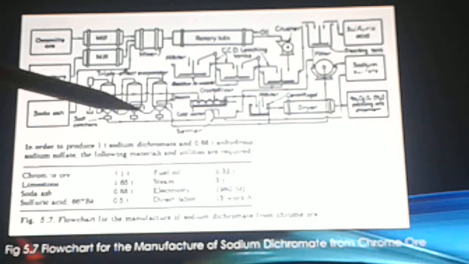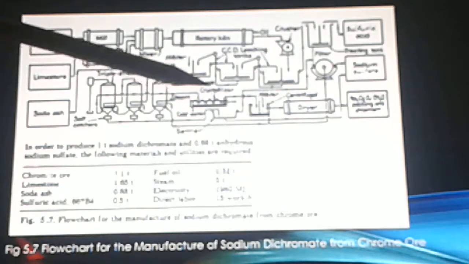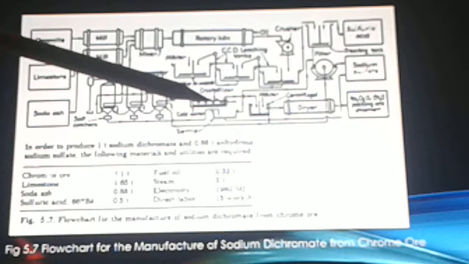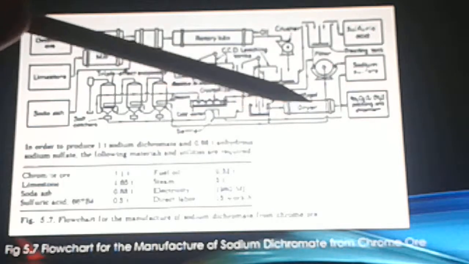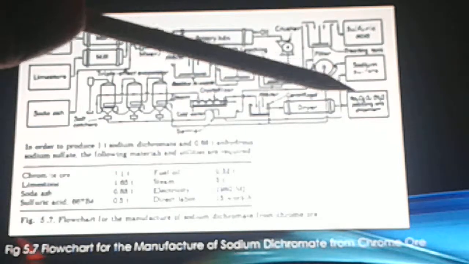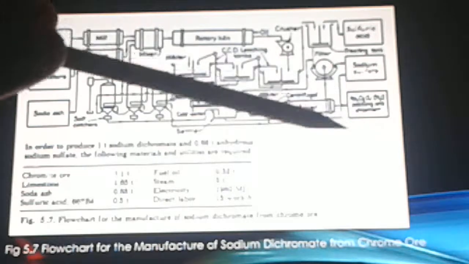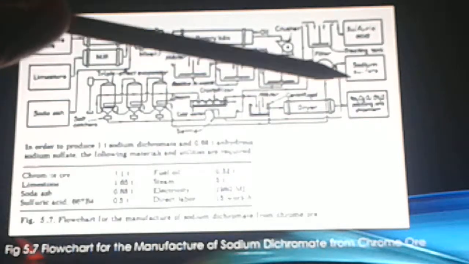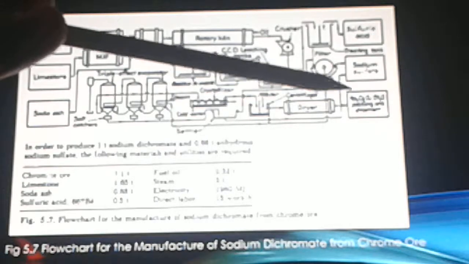From the evaporator, the hot saturated dichromate solution is fed into a crystallizer, and then to the centrifuge, and then to the dryer. Lastly, it is now ready for packing and shipment of the byproducts, which is Na2Cr2O7·2H2O.